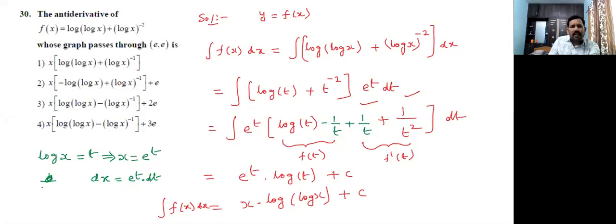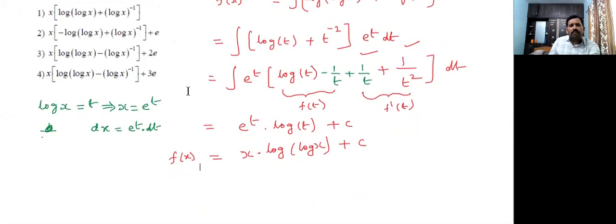I think here there is no need to write integration. f of x is the integration of the function. So finally, f of x is equal to x into log x plus c. f of x means we can take y only now. x into log x plus c.